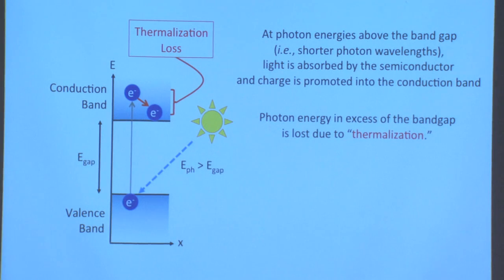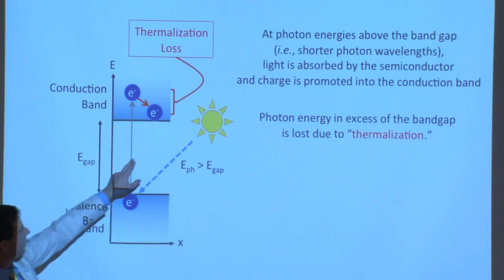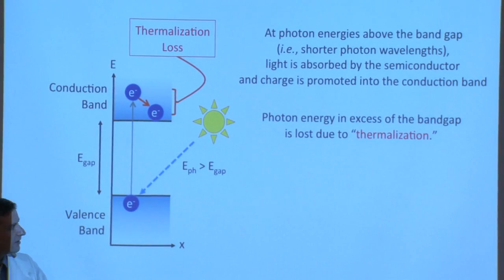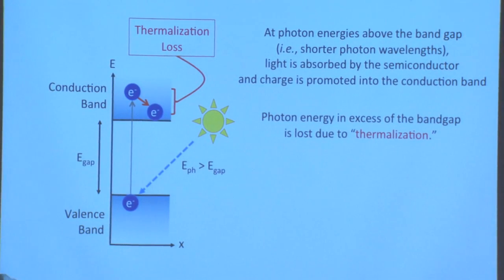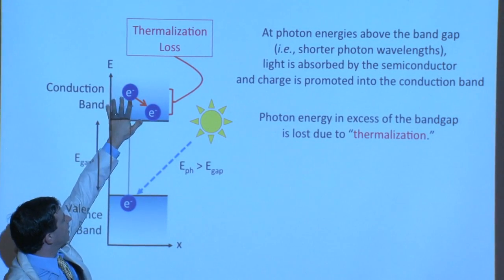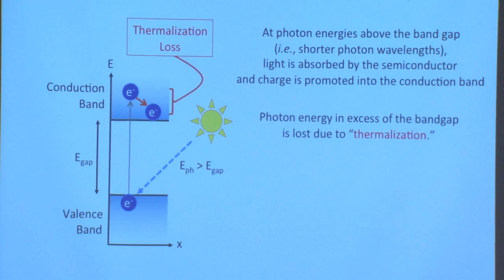We've discussed non-absorption of light. There is certain long wavelength, low energy light that goes straight through our material and doesn't get absorbed because the photon energy is less than the band gap. And the second major loss mechanism is when we have too much energy in that incoming photon. We have an excitation of a bound electron into a very highly unbound state, and then a quick loss of that excess energy due to a process called thermalization.